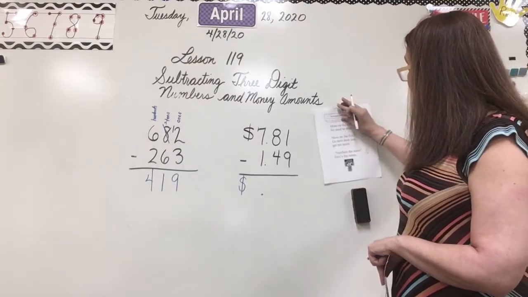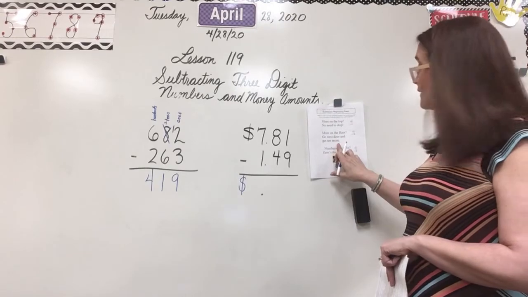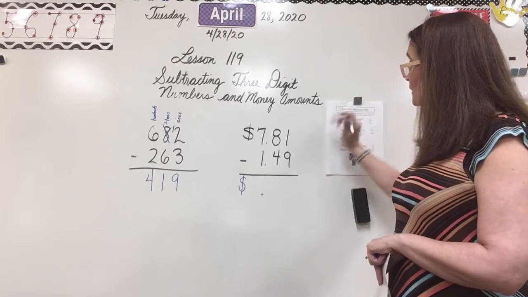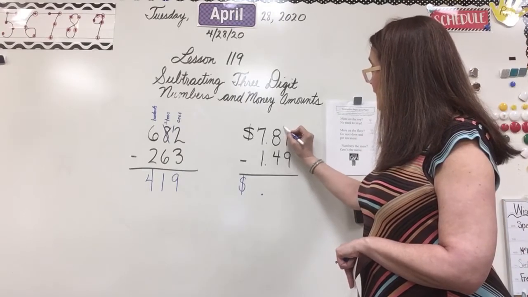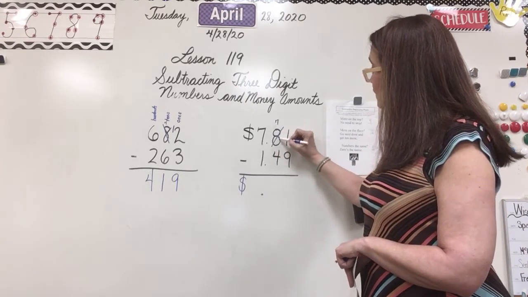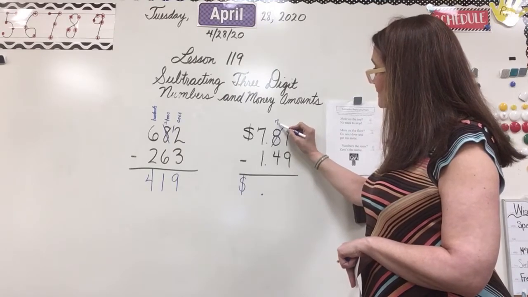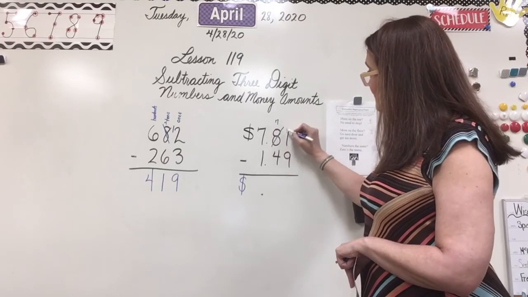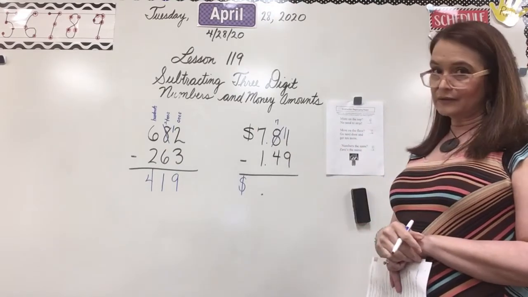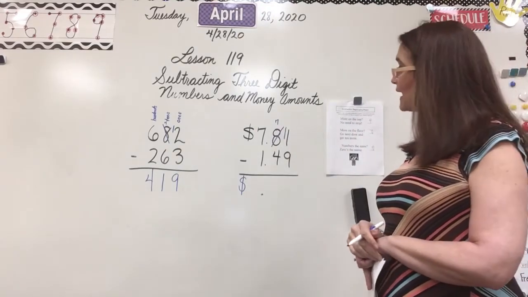If I have more on the floor, what do I have to do? I have to go next door and get 10 more. So that's exactly what I do. I go to my neighbor, I borrow 1 ten away from the 8, so I have 7 left. I take that 10 over here, and now my number becomes 11, because 10 plus 1 is 11.